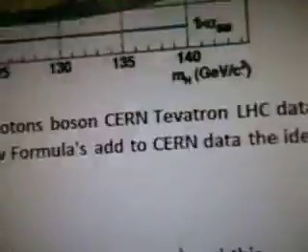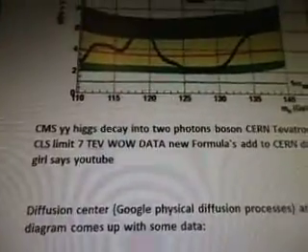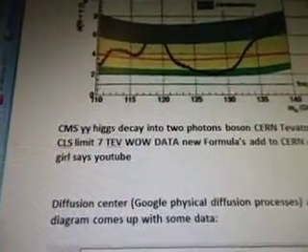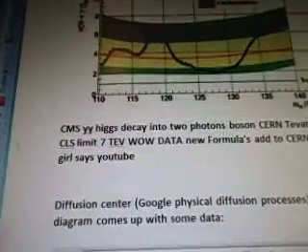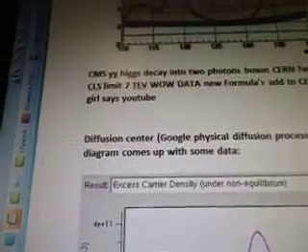Then this is M_H in GeV/c2. So CMS, H to gamma gamma, Higgs decay into 2 photons, boson, CERN, Tevatron, LHC data. CLs limit is 7 TeV, wild data, new formulas add to CERN data, the idea girl says YouTube. So you want to take a look at the wild data that have the word CERN in them and 7 TeV. So we're going to be doing a cross-reference with that in the future.